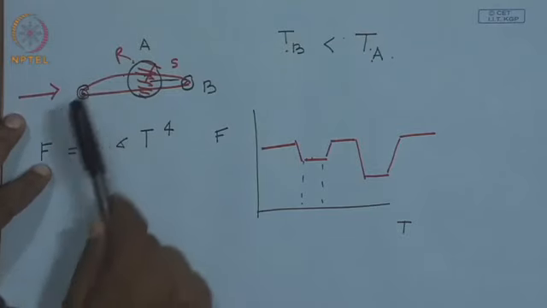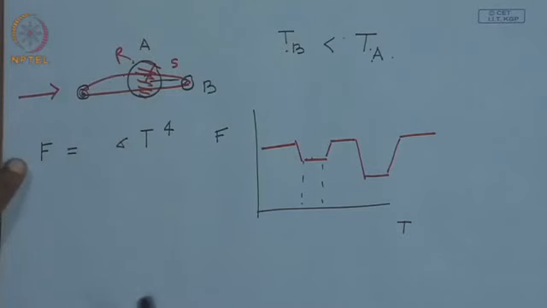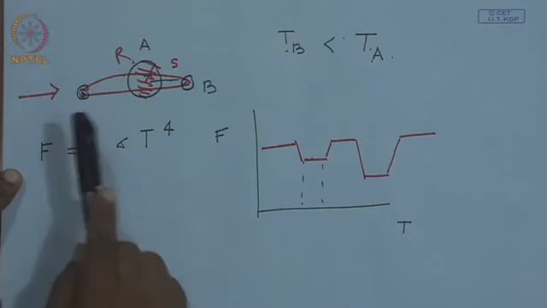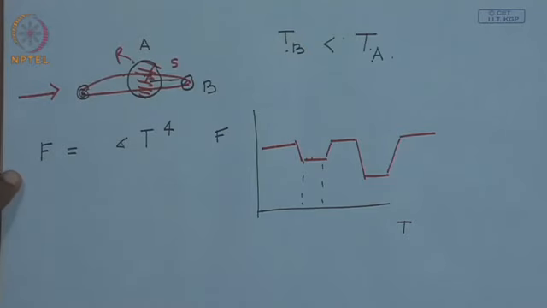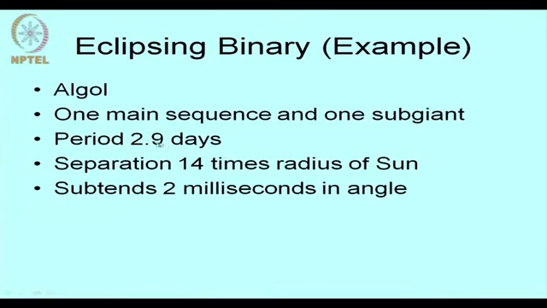So, typically the eclipsing binaries will have a very small orbit, the semi major axis of the orbit will be small. So, the period is also going to be small, and in this case we have a period of 2.9 days, and the separation between the two stars is just 14 times the radius of the sun.